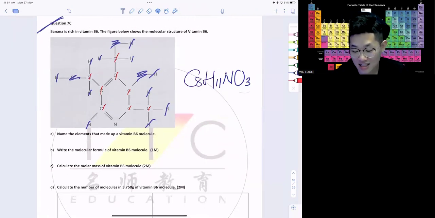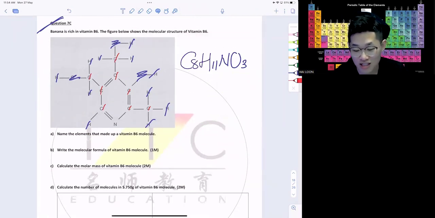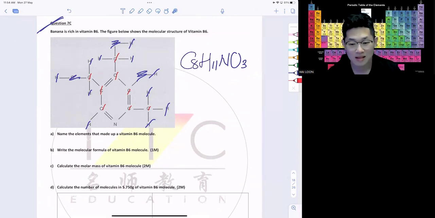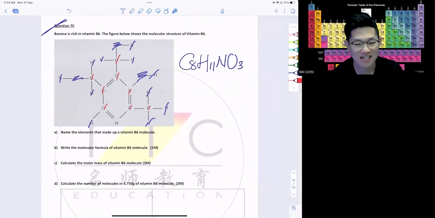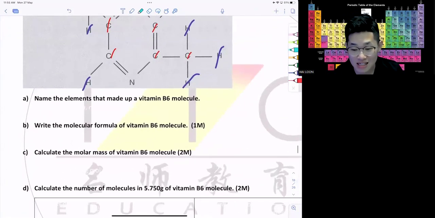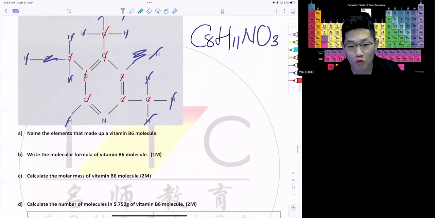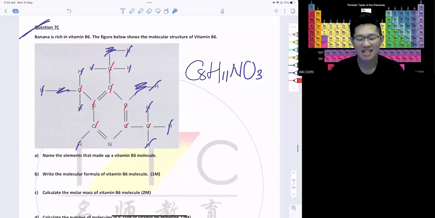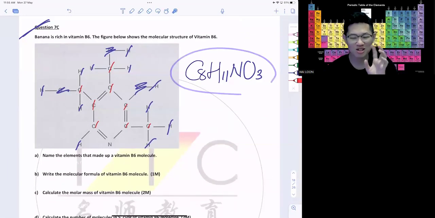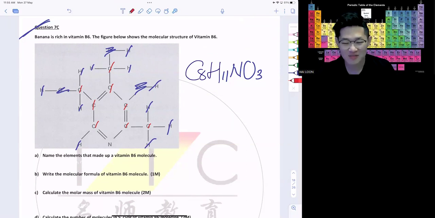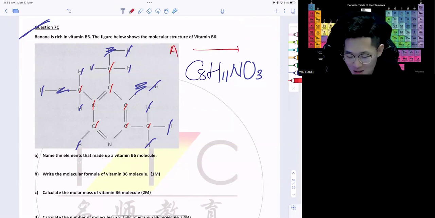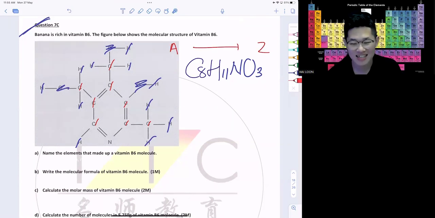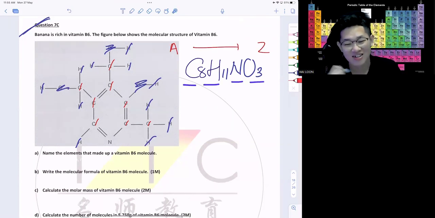C8H11 and O3. Yeah, okay, thanks. Name the elements that make up a vitamin B6 molecule. How to know which one to write first? Just now we already said, we follow the sequence of A to Z. So C, H, N, and O.